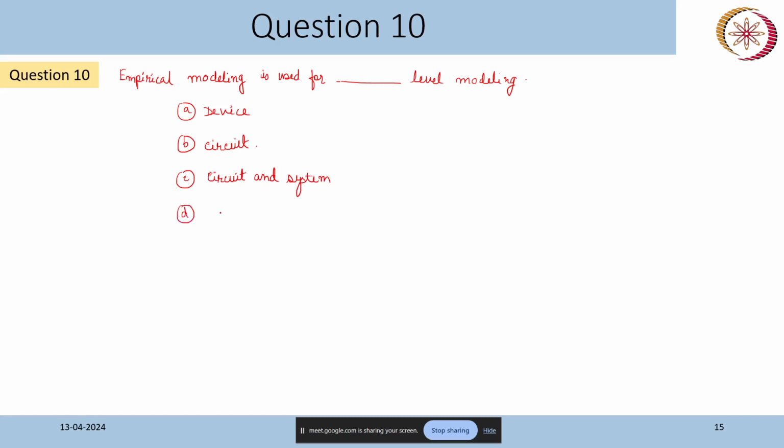Option D is device and system. So these are the options. What is the answer?